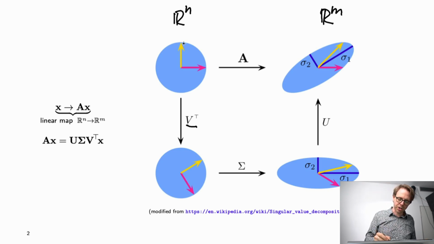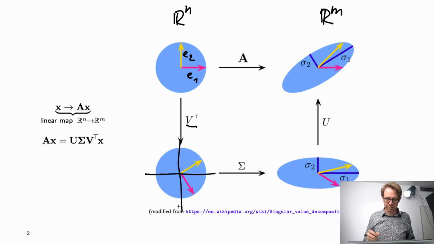So the original standard basis, this is E1 and this is E2, are being rotated. So they're not aligned to the coordinate axis anymore.